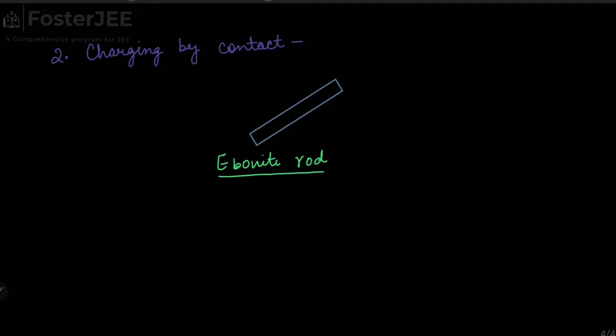The property of this rod is it can acquire negative charge very much. That is, it can acquire negative charge by any means. Suppose we have rubbed it by some sort of material so that it has acquired now net negative charge.